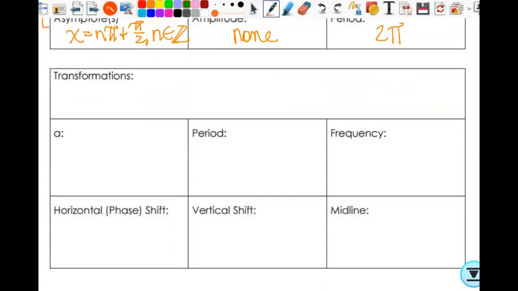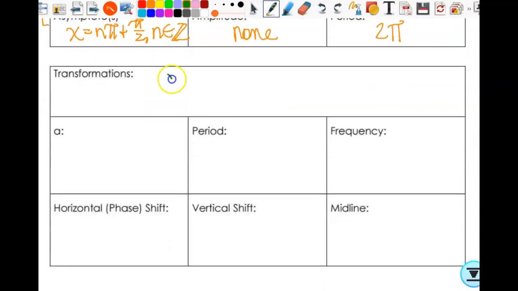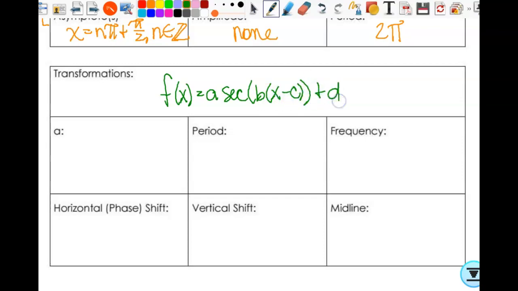All right, transformations. F of x equals a times the secant of b times x minus c, plus d. A, the absolute value of a is really what we want. It's your vertical stretch or compression.